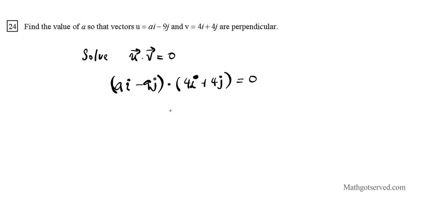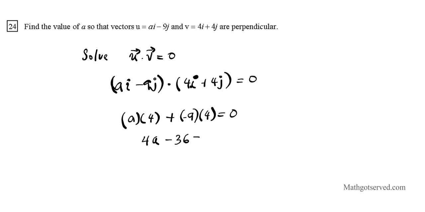To find the dot product in this ij form, you just multiply the i's and the j's and find the sum of the products. So it's going to be a times 4, that's the i's, and then the j's, plus negative 9 times 4 equals 0. So you have 4a minus 36 equals 0. To get a by itself, you add 36 and divide by 4.